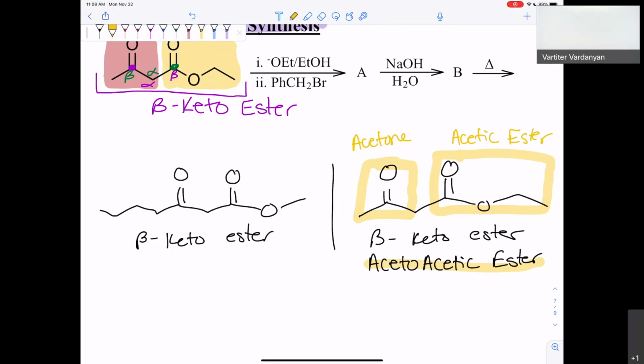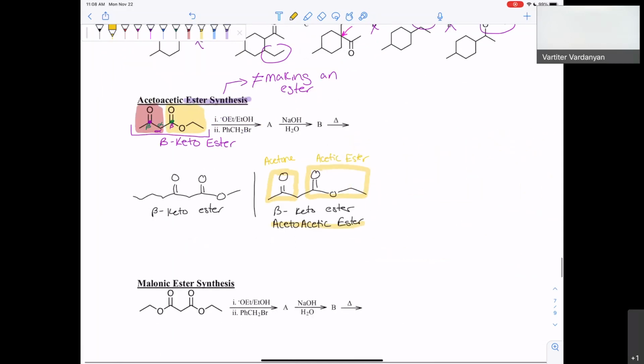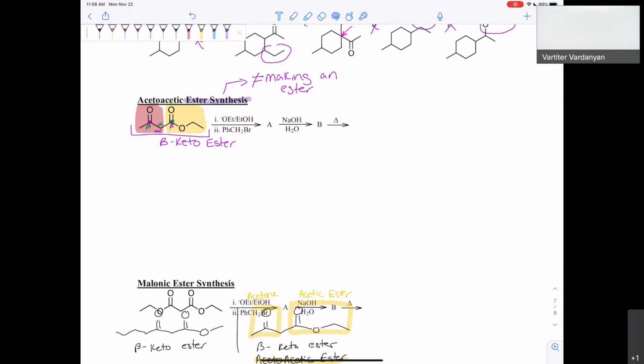So the chains can be any length. So this is kind of like the nomenclature stuff for this section. So any questions about that so far? So I will keep this naming stuff, but I am going to take it to the bottom right here.